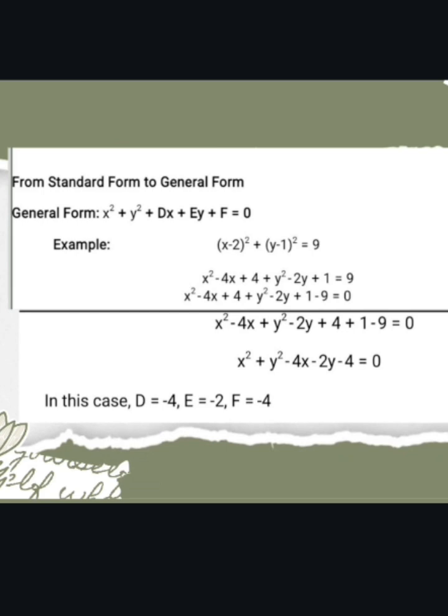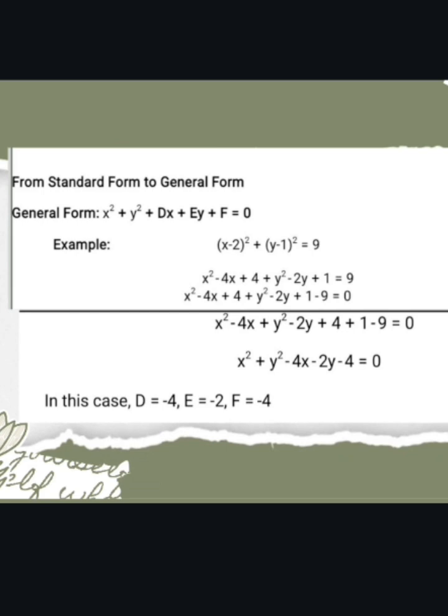So, mahimo siyang negative 4x, then plus negative 2 squared, mahimo siyang positive 4. So, nag plus 4 ta. Then plus, same ra gihapon nga pamaagi, y times y is y squared, then y times negative 1, negative y, then times 2, mahimo na negative 2y na siya, then plus negative 1 squared is positive 1.